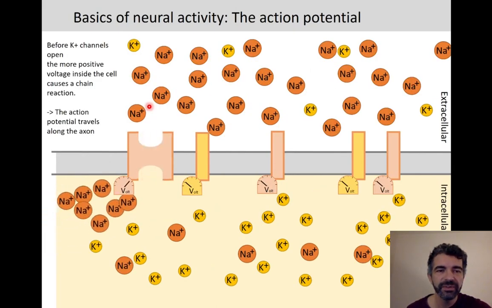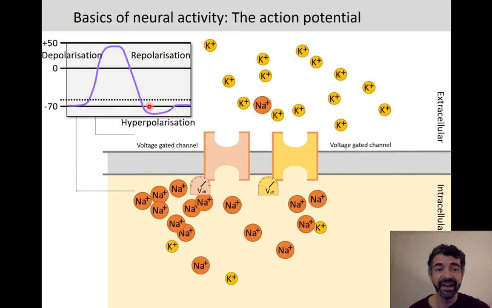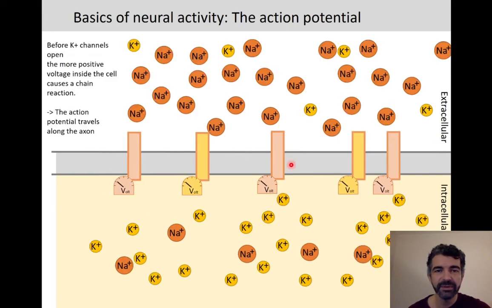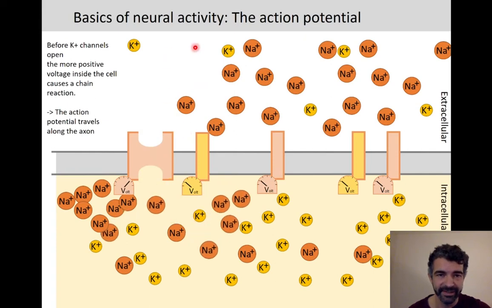So I've shown you this for one pair of Na+ and K+ voltage gated channels, but of course there are very many of them nearby each other, and then we can see this kind of cascaded effect.